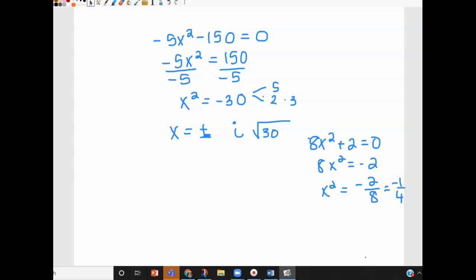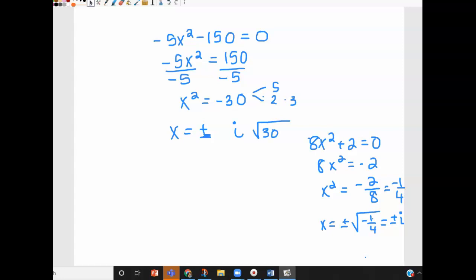So you get x equals plus or minus the square root of negative 1/4. But if you apply our rules, you could take the square root of the 1 and the 4 separately. So that's really plus or minus i.